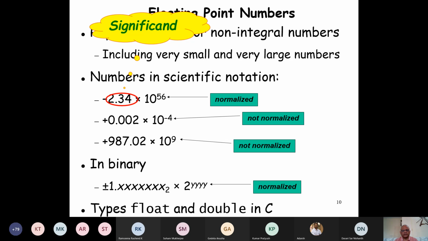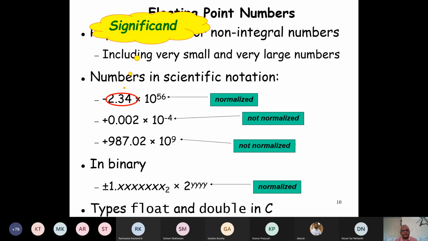Now, this kind of representation, where before the decimal point we have exactly one decimal digit, we call the normalized representation. And these others are not normalized, because there is not exactly one digit there.